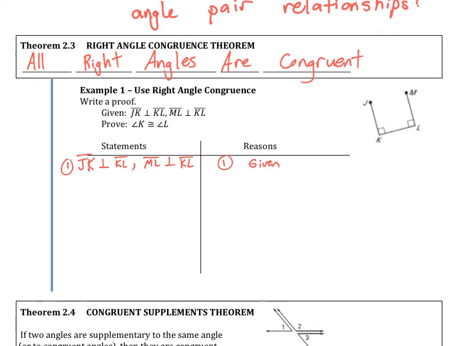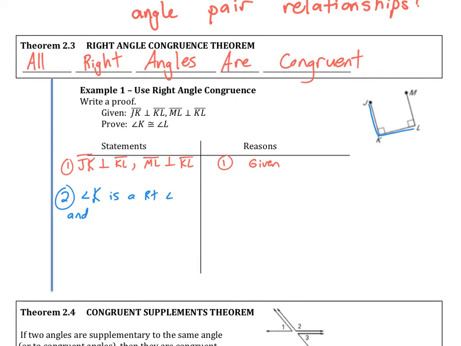Right, and since we know that they are perpendicular, what does that mean by definition? So if you're using the definition of perpendicular, what does that tell us? Well, if JK is perpendicular to KL, that means they form a right angle. So that would mean angle K is a right angle.